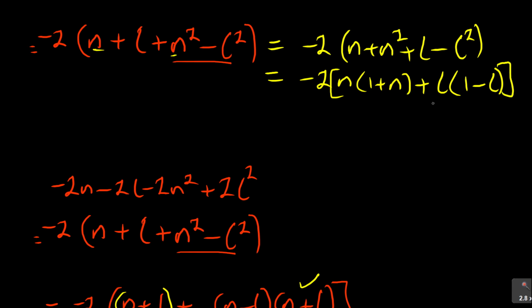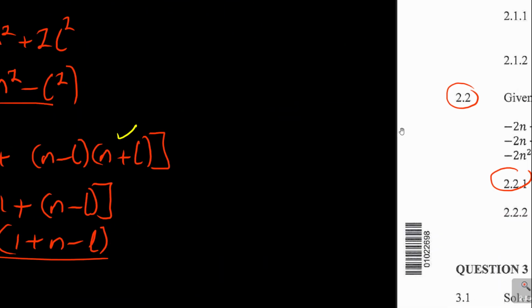Can do that, but after that I'm stuck. Nothing is common here, so I think this is more out, but the answer will more likely come from this. So let's look at the next one.